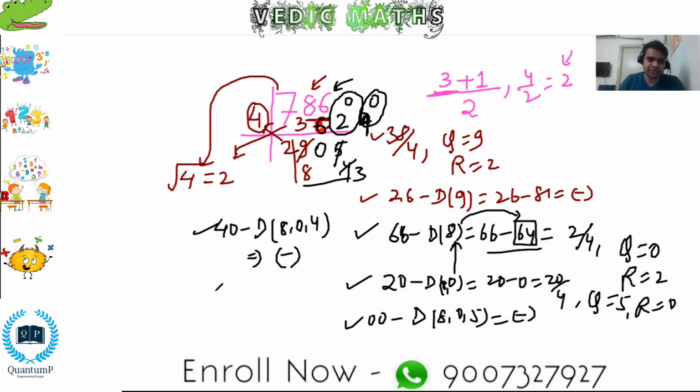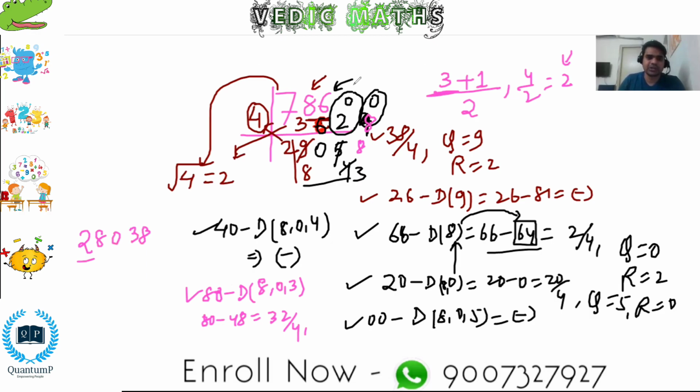So last step, 80 minus duplex of 8, 0, 3. So we have 80 minus 48. So we have 32 by 4, 8.